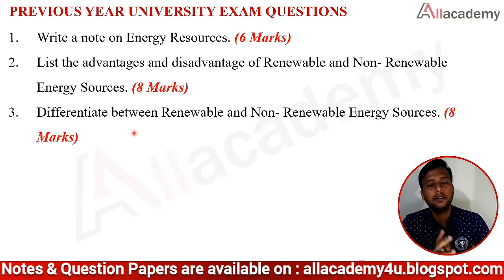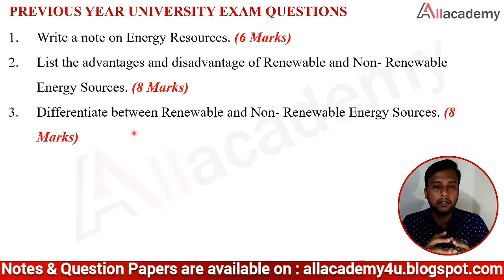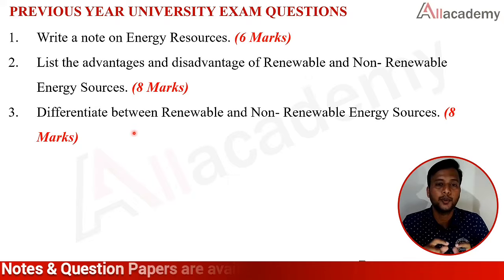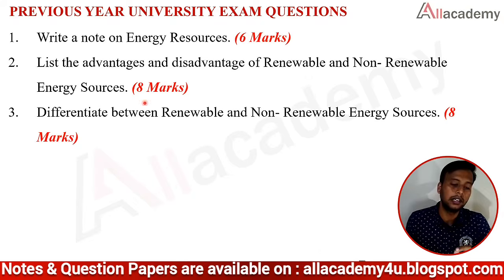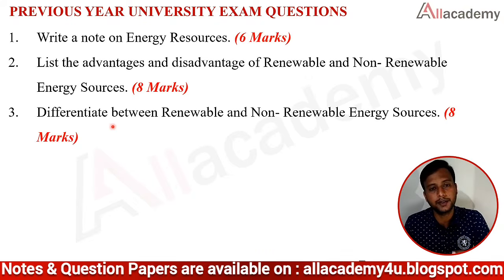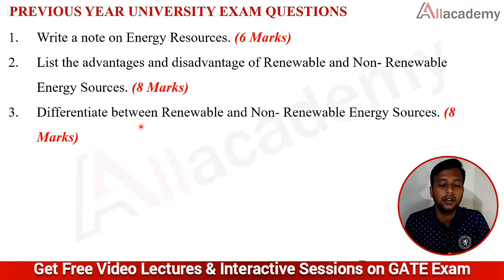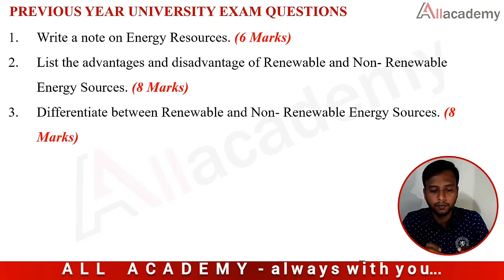For this question, you need to write a minimum of 6 differences, which we have already discussed in this session. So these are a few questions which are repeatedly asked in previous university examinations.